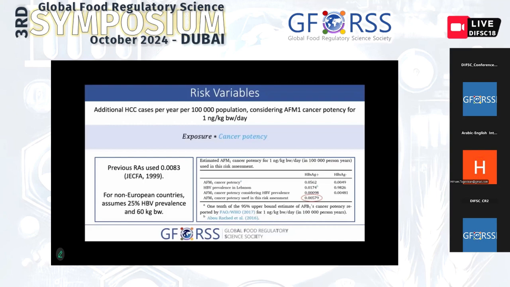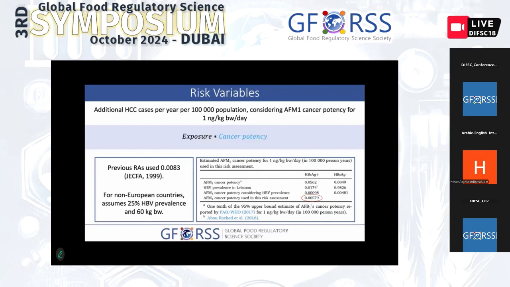Previous Lebanese risk assessments used the value of 0.0083. This is based on JECFA's estimates for non-European countries. So this is not specific to Lebanon, it's just non-European countries. And it assumes 25% prevalence of hepatitis B virus among the population and a standard body weight of 60 kilos.